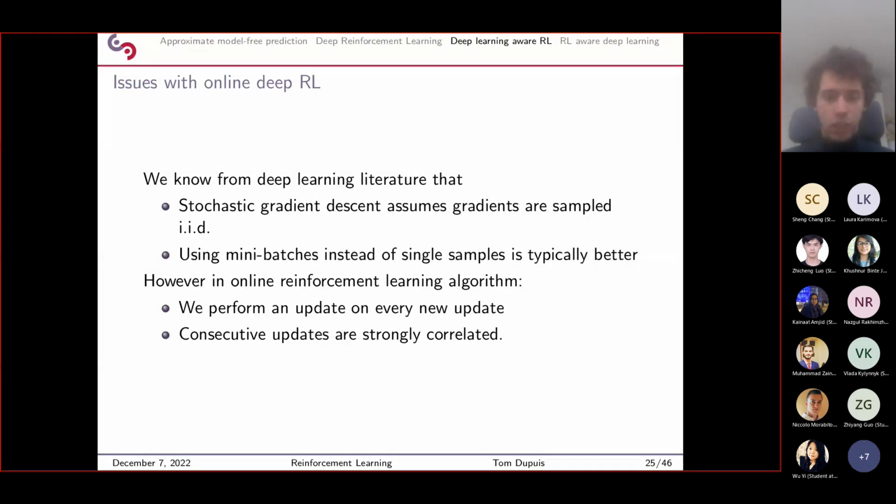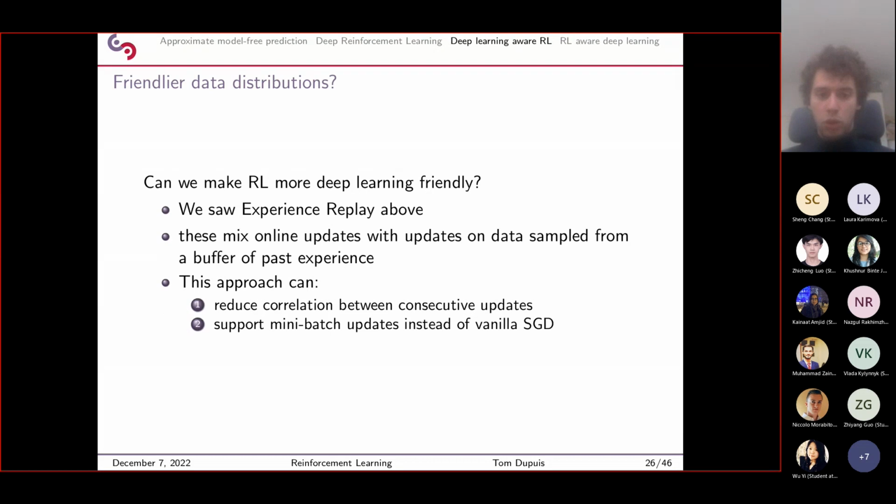So as I said, when you have an online reinforcement learning algorithm, you do an update for every new sample, and those samples are strongly correlated. The one solution we saw was to use experience replay, because it mixes online updates with updates on samples from past experience, past policies.